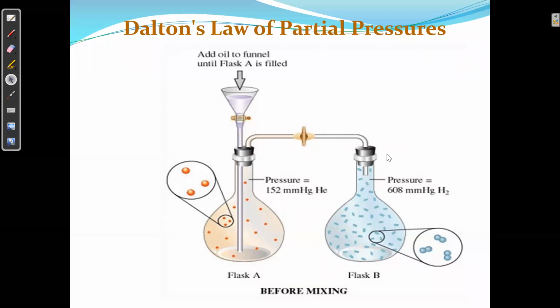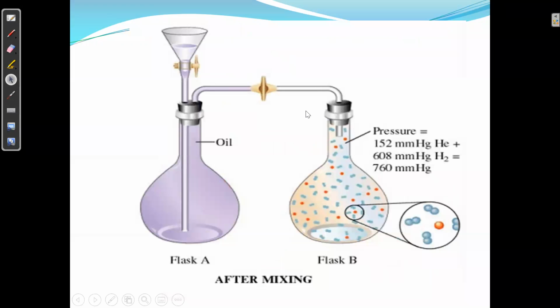So what will happen if this knob is opened? You can see in the next slide. When the knob opens, the gases mix in one flask. Suppose in flask B both gases are there. Now there is not only hydrogen, there is helium plus hydrogen gas.